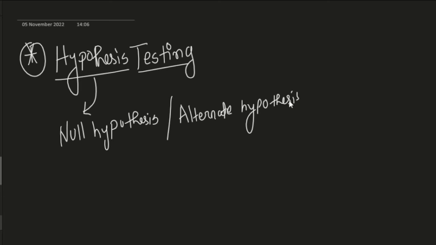The null hypothesis is written as H naught, while the alternate hypothesis is written as H1. We can understand this from various examples, and this kind of problems have a lot of ways to be approached, but first we are trying to understand how to handle this.